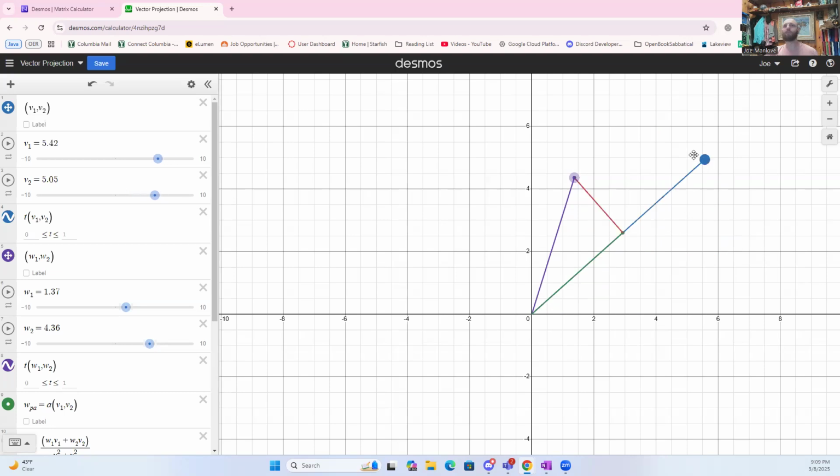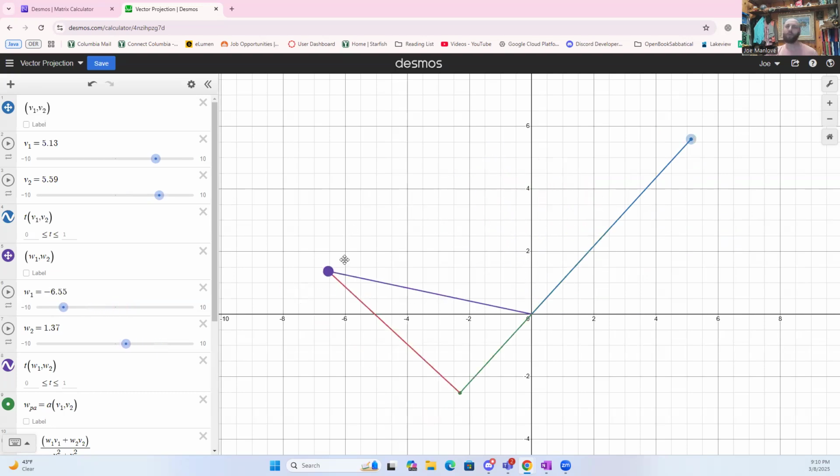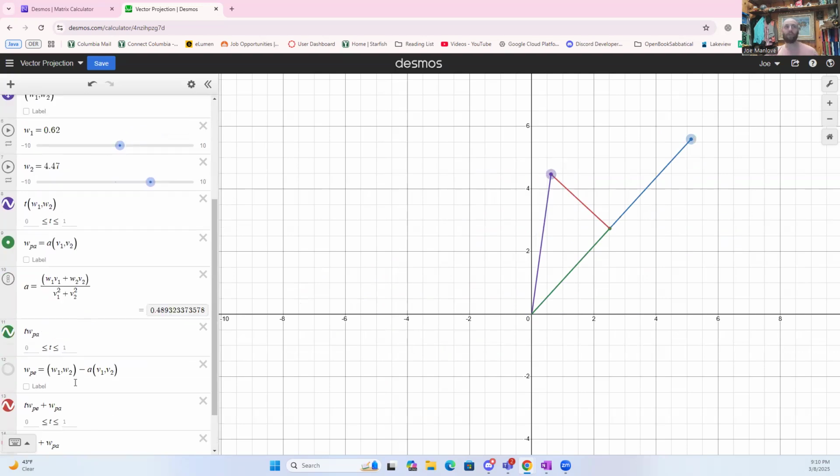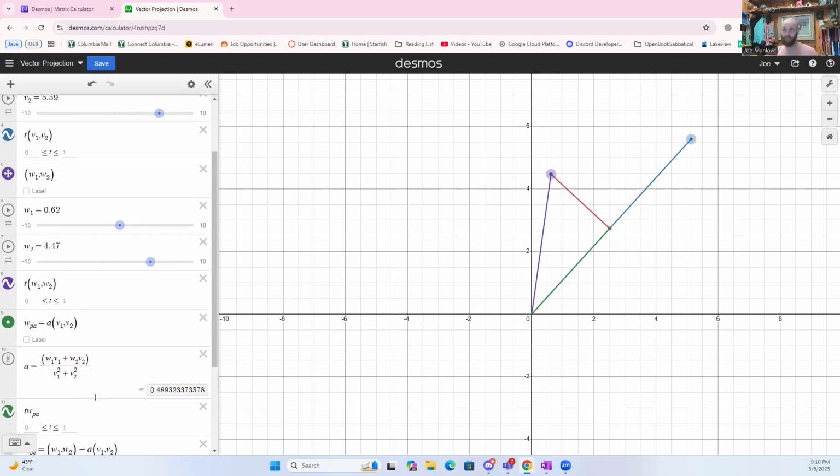Dragging the blue vector around changes our vector v. Dragging the end of the purple vector around changes our vector w. Here you can see I've got a green vector that's parallel to v, and a red vector that's perpendicular to v. You can see how I made those. There's nothing in here that's not what we just talked about.